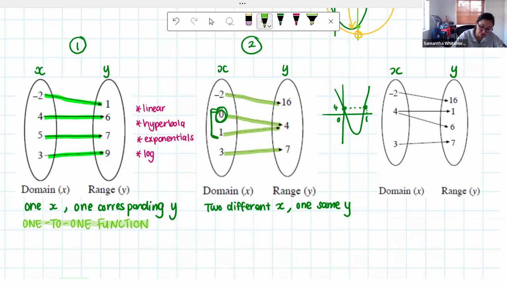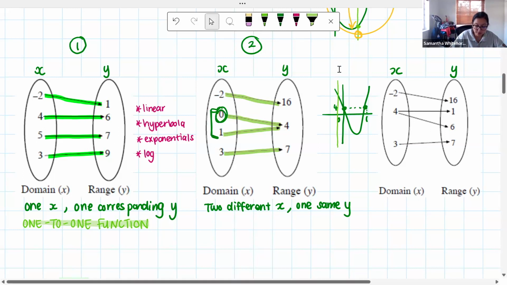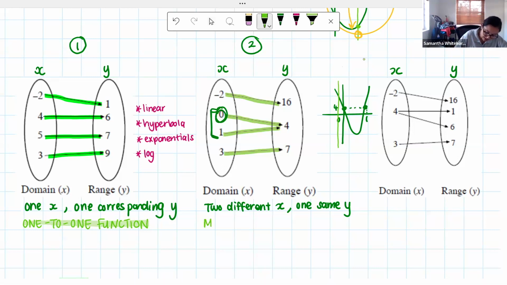If we think back to our vertical line test, I draw my vertical line. No matter where I move that vertical line, it's only ever cutting my graph once. So it passes the vertical line test. It is a function. It just so happens that it is a function whereby different inputs can have the same output. And because of this fact, this is what we call a many-to-one.